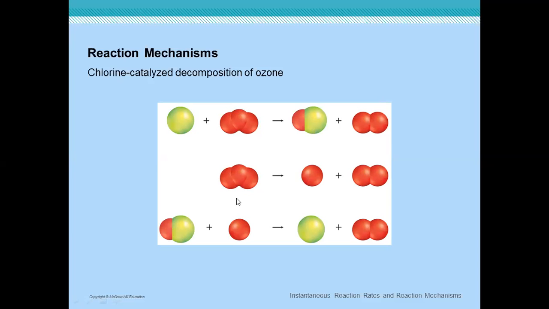After that, ClO, which is produced from the first equation, plus a free oxygen atom, produces Cl individually plus O2, oxygen gas again. So this is called an intermediate reaction, between the first and the last one. This is the chlorine catalyzed decomposition of ozone gas.